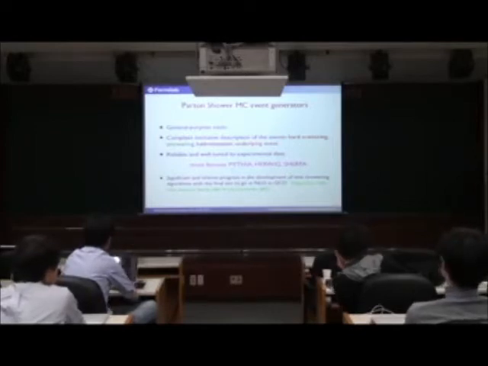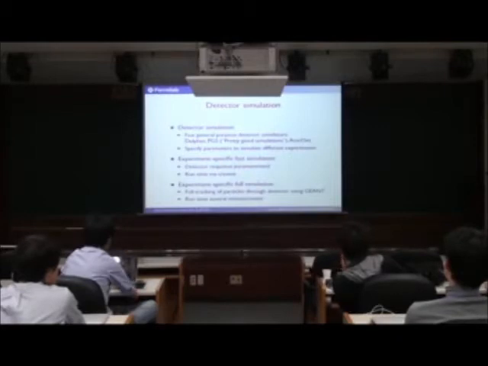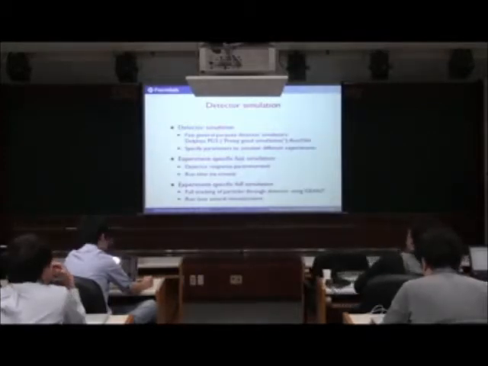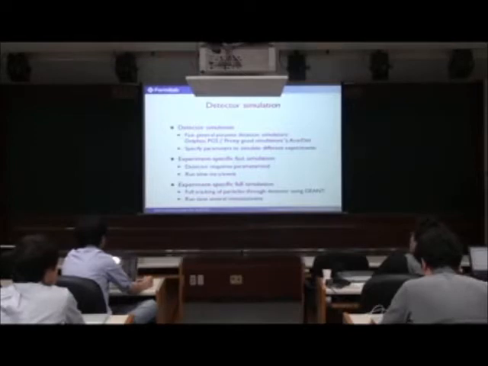Finally, we have the detector simulation part. So for a theorist, the detector simulation that's mainly used is fast general-purpose detector simulators, such as Delphes, PGS, which stands for Pretty Good Simulation, or ACERDET, which is very, very old, but fast and sometimes good enough.